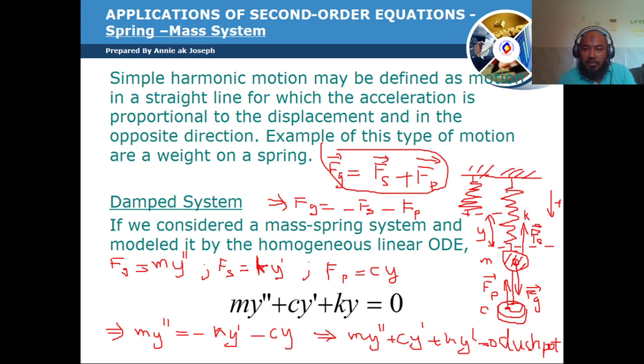You can imagine you strike this one, and then you remove this damping item, and then let the mass and the string move. Okay, so you can see that the graph will be something like this, right?